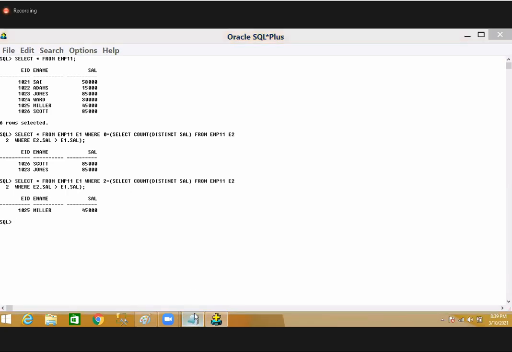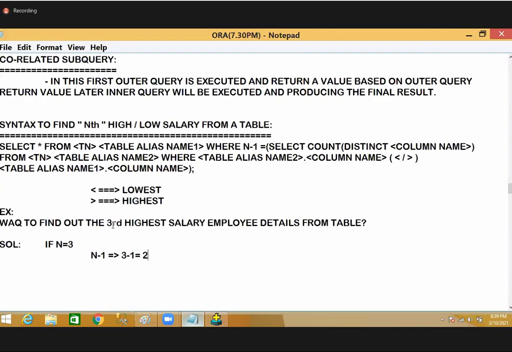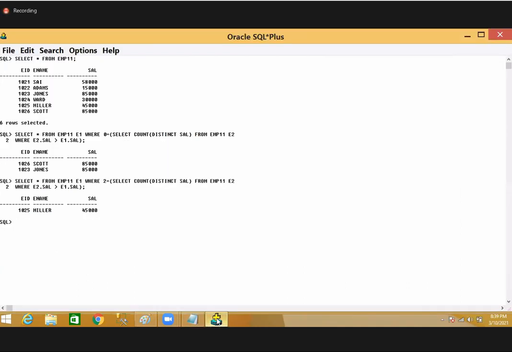Suppose the next question is, if I want to find out the fifth highest, N equals how much now? 5. N minus 1 is equal to how much now? 4. If I give 4 here, I can write like this. Where 4 is equal to your inner query statement.